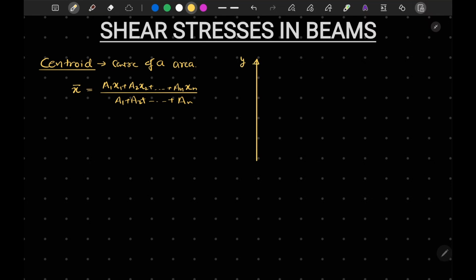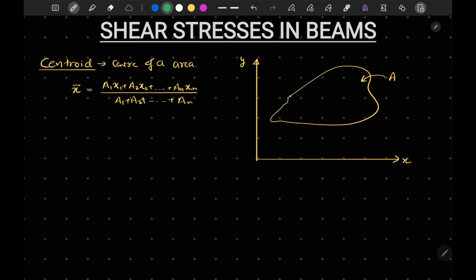So let's say this is our y axis, this is our x axis. And let's say that this is our area, the region of consideration, region of study. In this region, if I want to calculate the centroid, what will I do?